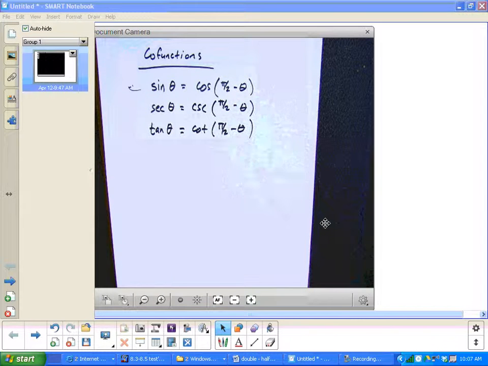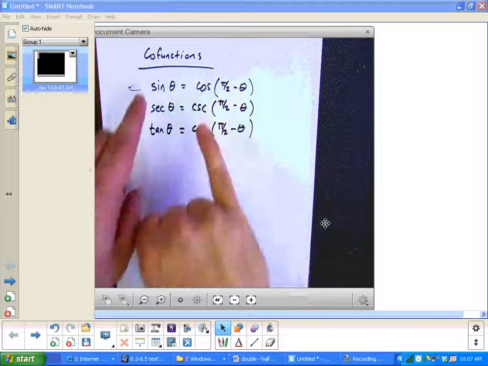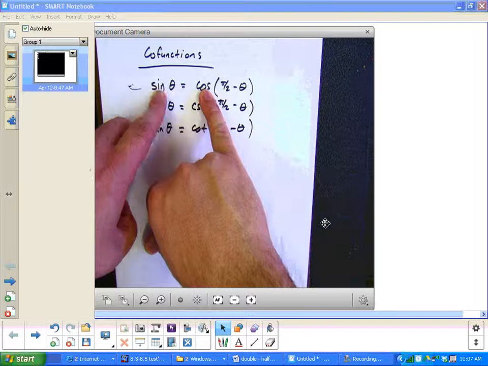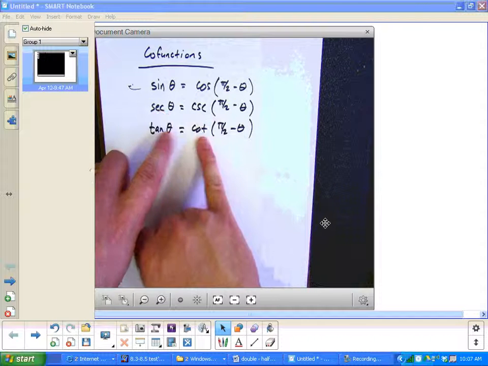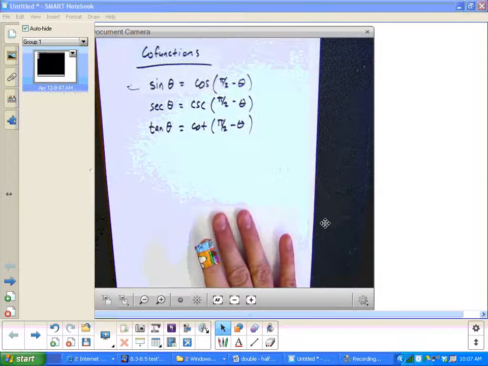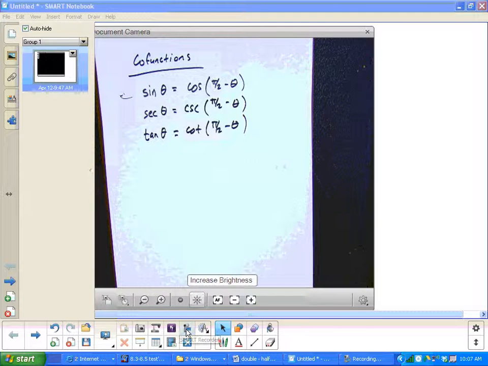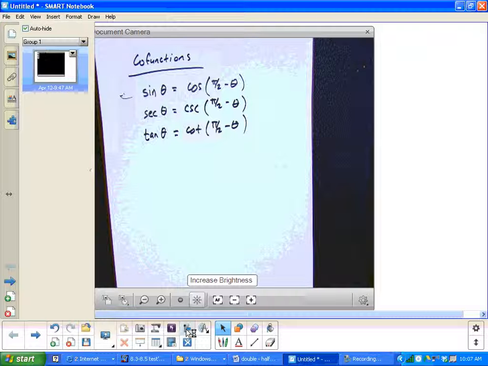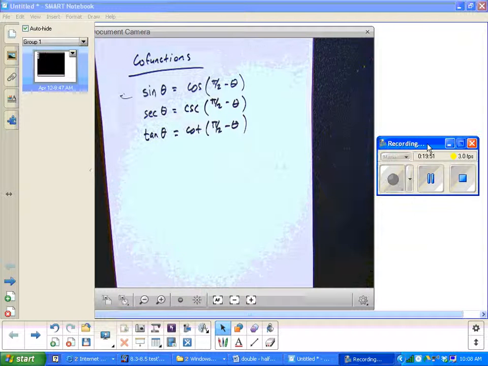Okay, now you'll see how we could flip these around. Would it work here if I just switched these two? Yeah, it would still be true. Okay, so that's why I say let's just write 3 of them, and that'd be good enough. All right, you have to recall all that on that test, and again, this is just to make sure that you really know these for the last 2 units we're going to do.